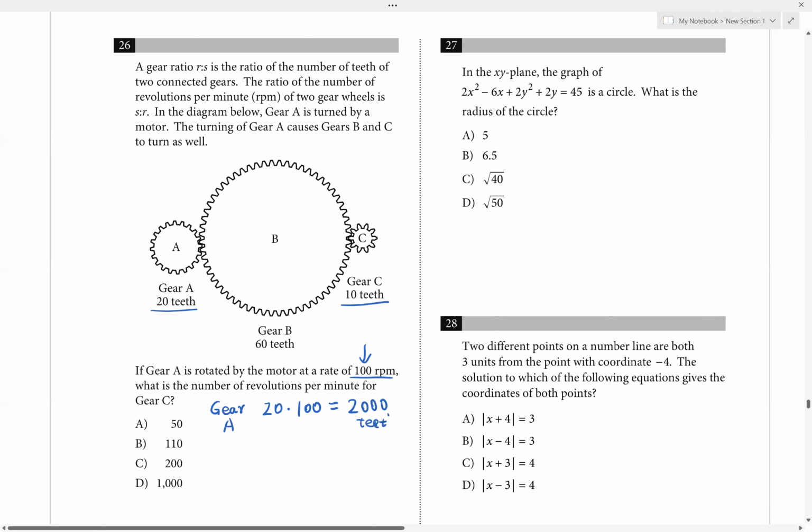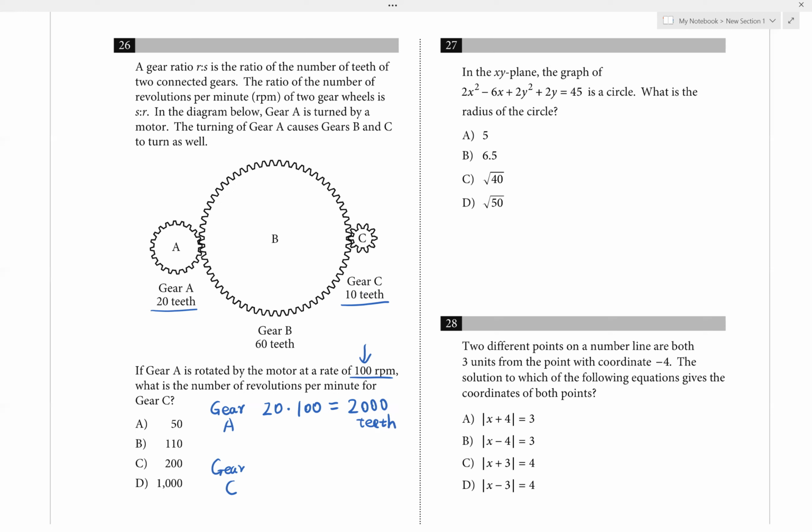And we said, right, for gear C, although it's smaller, the total number of teeth has to be the same, right? So in that 1 minute, gear C also has to pass through 2,000 teeth. But since each revolution of gear C only has 10 teeth, it'll have to spin at a faster rate, right? To make up the difference to give us a total of 2,000. So how fast does it spin?